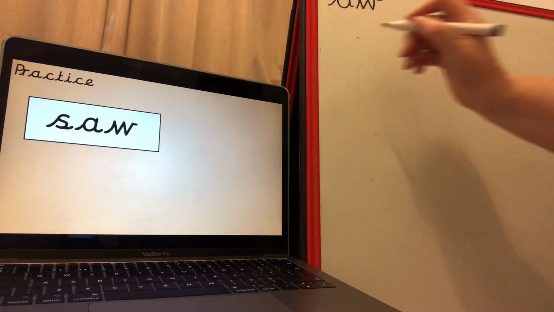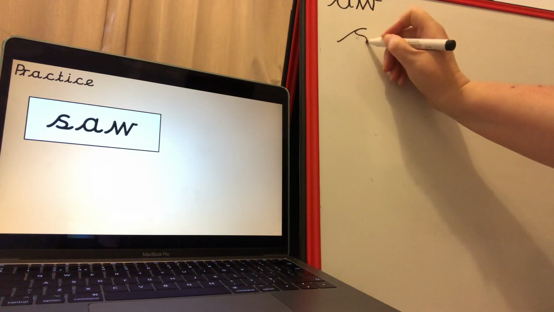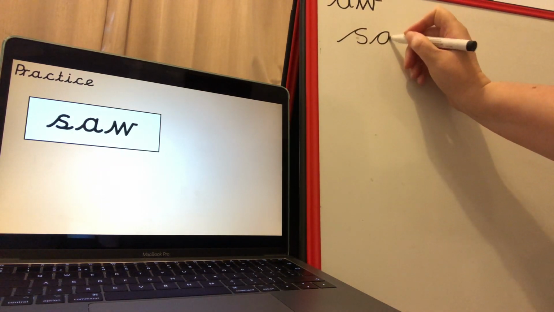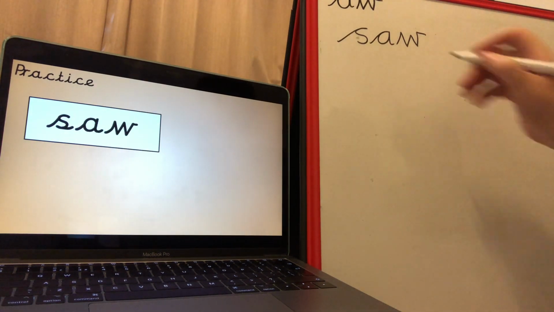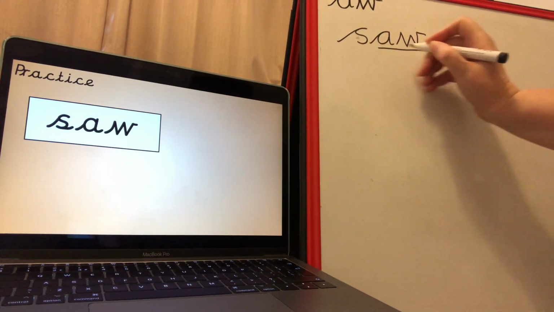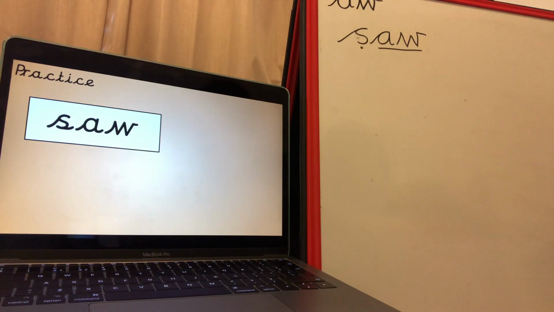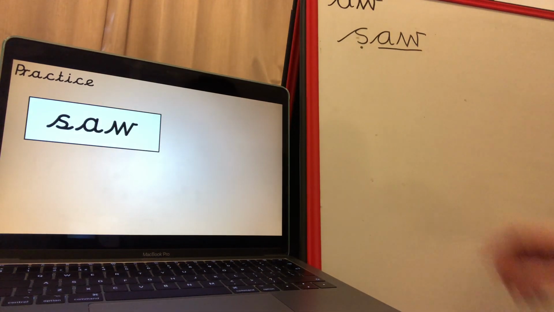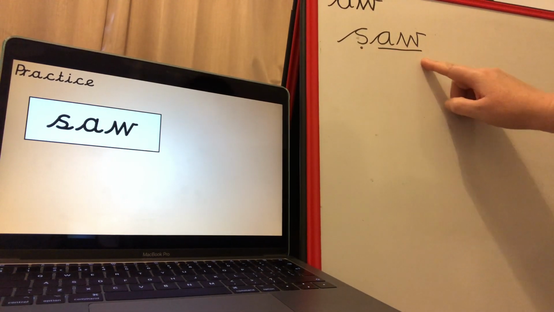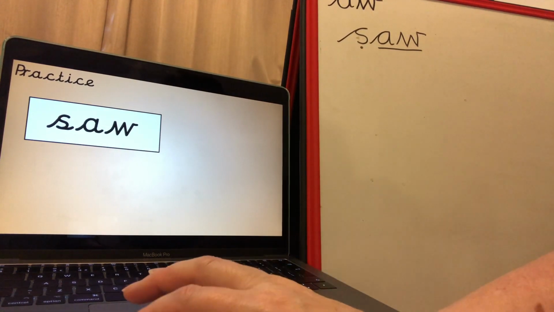So I'm going to put the first one on my board, and then I need to have a look. Are there any digraphs in it? Yes, there are. There's our new digraph. So I can segment and blend it like this. S, or, saw. Do it with me. S, or, saw.